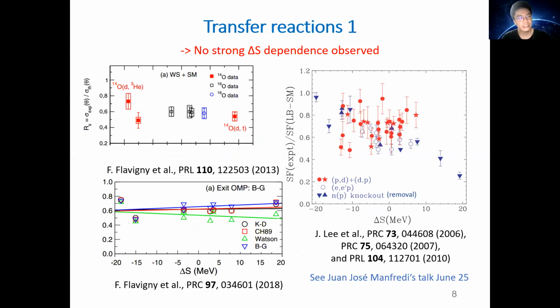Transfer reactions are traditionally one of the most common tools to obtain the spectroscopic factor from experimental data. And the studies I show here, also from MSU, show that if you are using transfer reactions, usually you cannot observe any strong dependence of the reduction factor on delta S, on the proton-neutron asymmetry. There have been a lot of studies using transfer reactions, and they always show that no strong delta S dependence is observed.